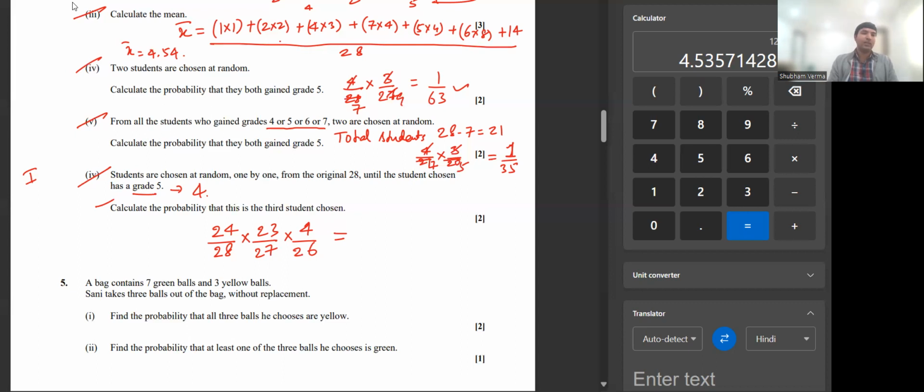So 24 by 28. So one student is selected. Now how many are remaining? 27. And then how many did not get grade 5? Right. That is 23 because one student is already chosen. So 23 by 27 into 4 by 26 because now there are total 4 students who got grade 5. And how many are remaining? 26 because 2 are already taken.